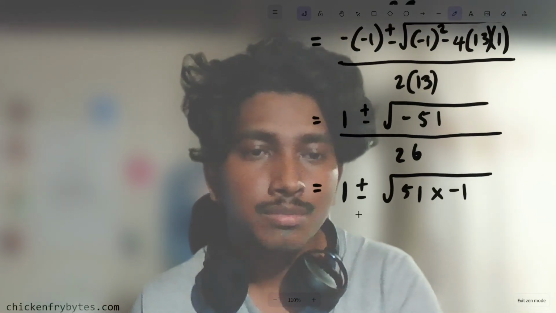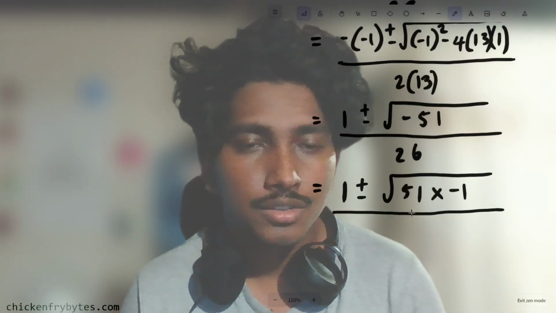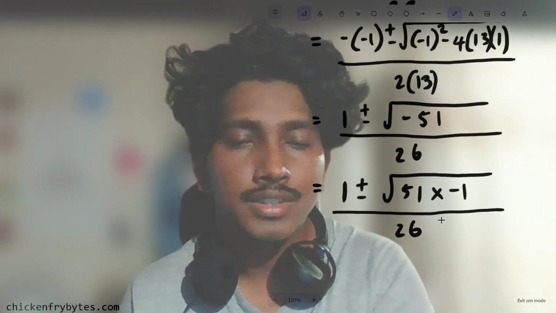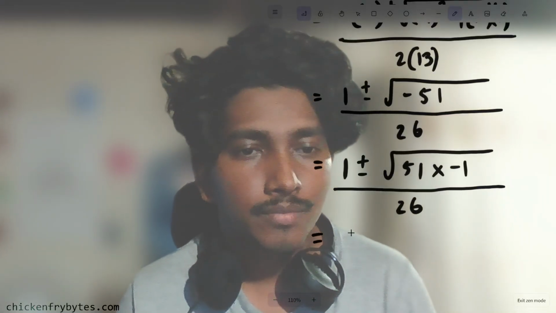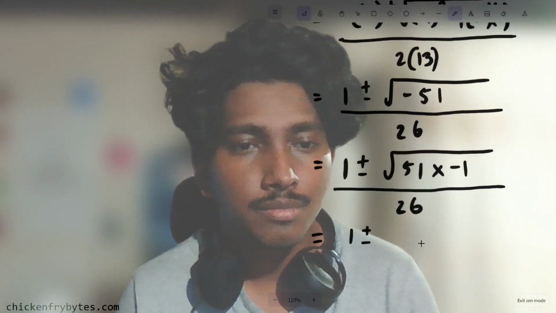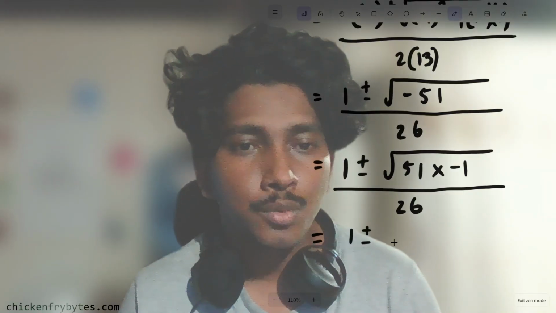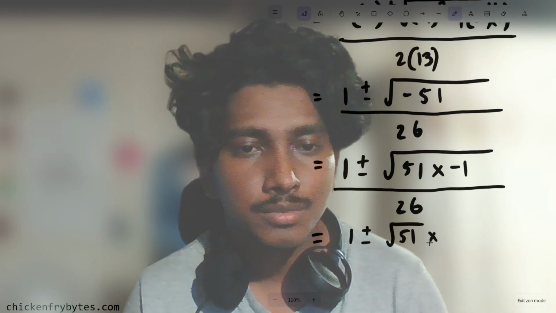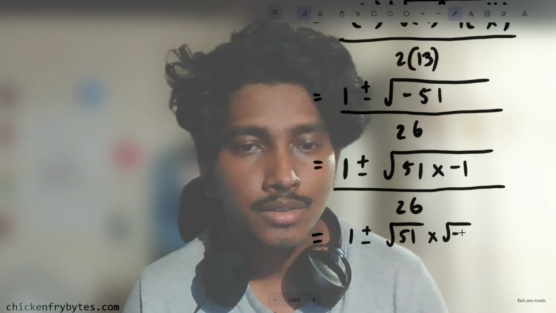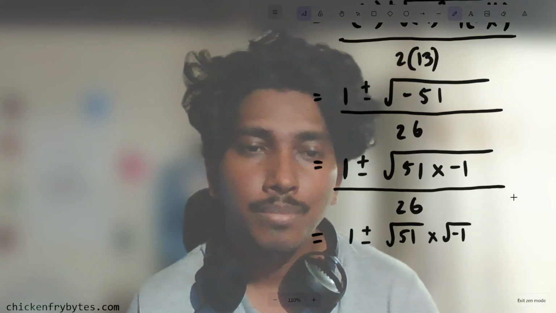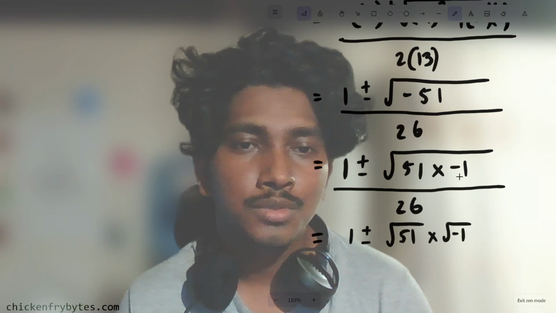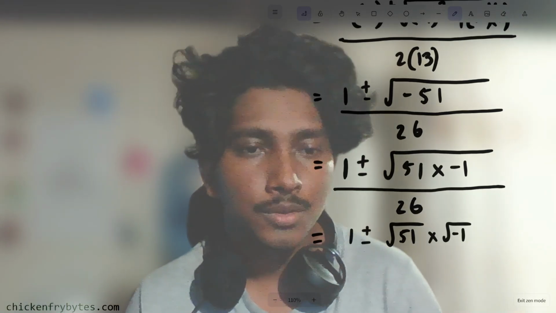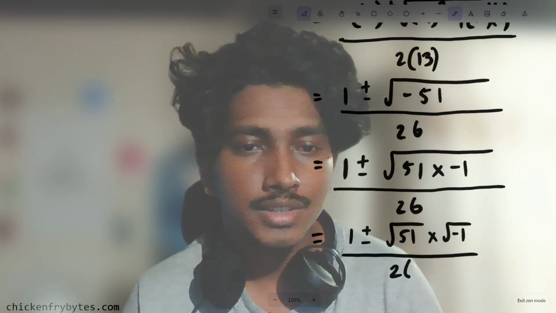And so we can split the square root sign between those two, the 51 and the -1, of course, all divided by 26. This will end up being 1 plus or minus the square root of 51, which will stay by itself there, times the square root of -1. What we just did was the root of a product is simply the product of the individual roots, all divided by 26.